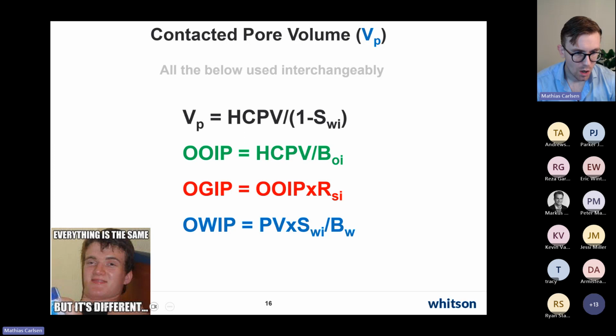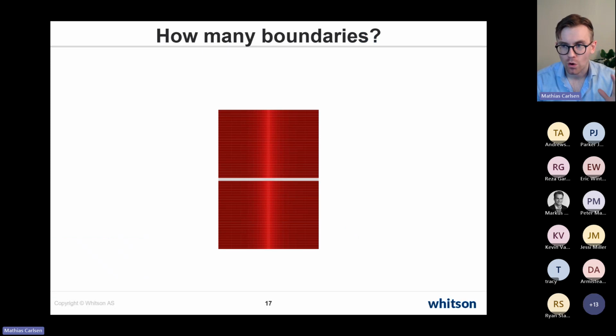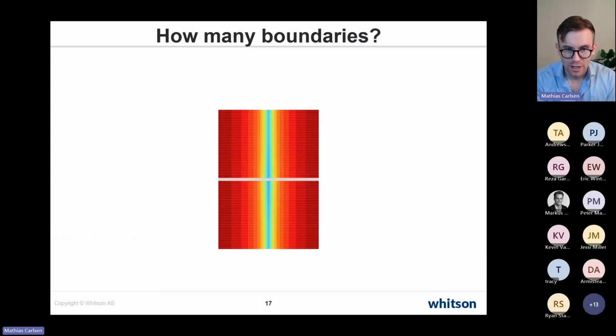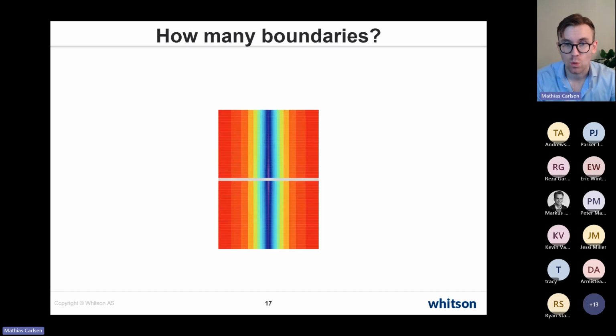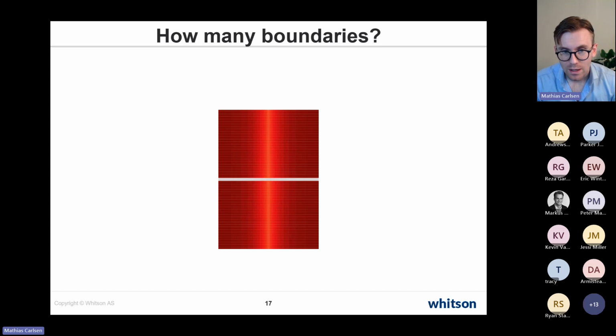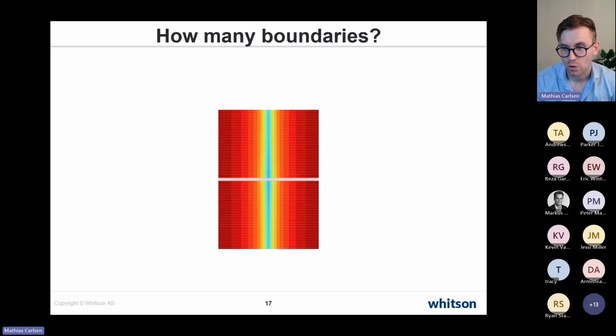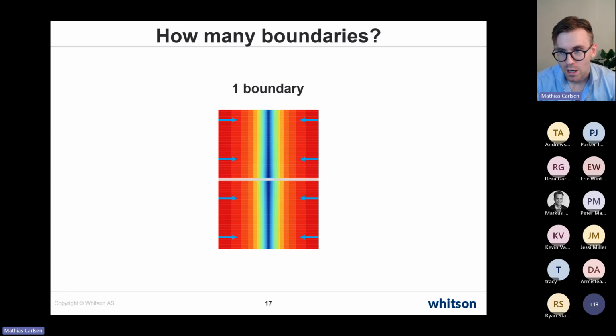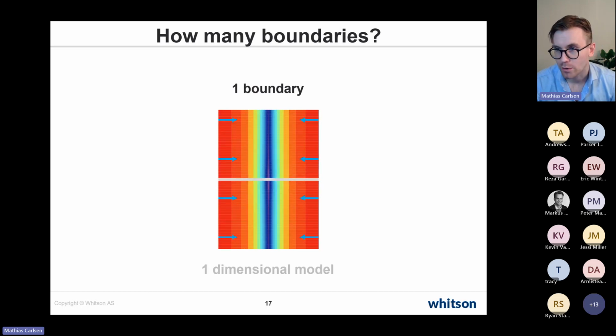Awesome. What I'm going to do now is, again, to emphasize this thing about boundaries, I like to do that just to make sure everybody's on the same page here, that for a very simple geometry like this, a fracture that has no volume beyond the frac tips or frac height, there is only one boundary. That boundary is basically on the sides here. There's only one direction of flow, and we call this a one-dimensional model.